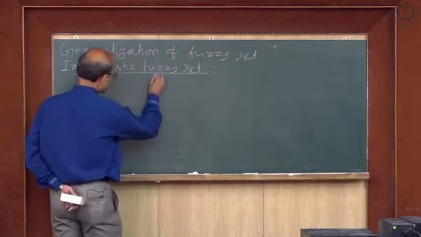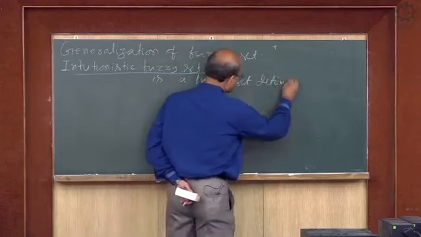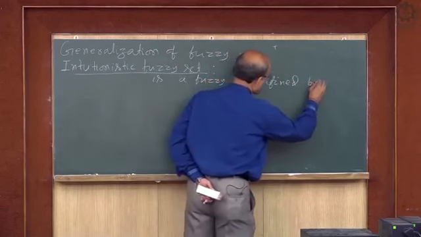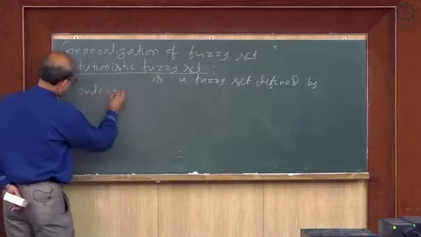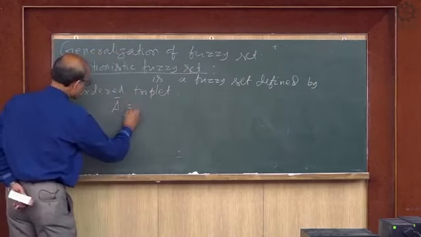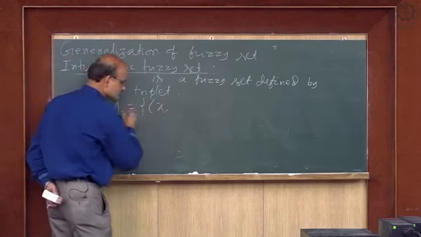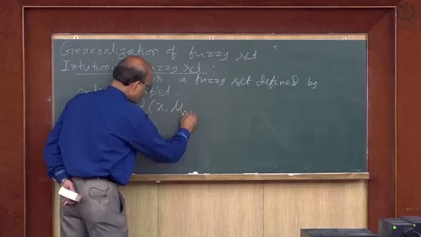Intuitionistic fuzzy set is a fuzzy set defined by ordered triplets.